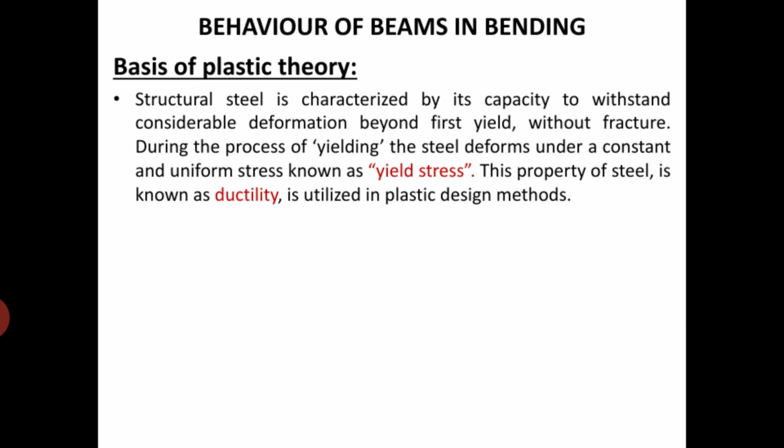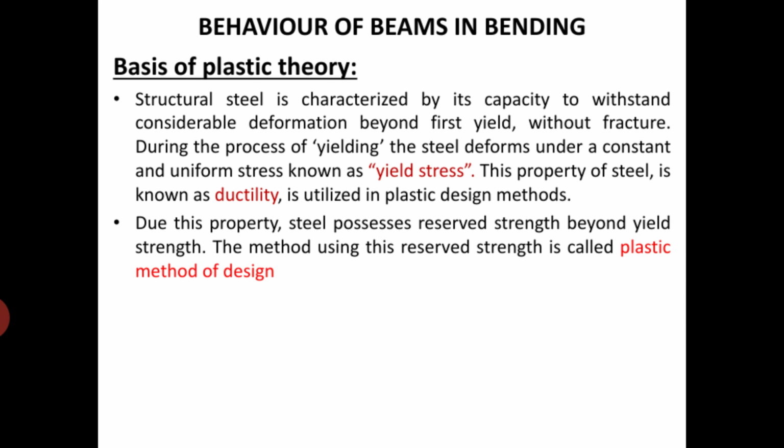But what happens in the plastic zone? Due to the property of ductility, or the ductile nature of steel, steel possesses a reserve strength beyond the yield strength. The method using this reserve strength is called the plastic method of design.